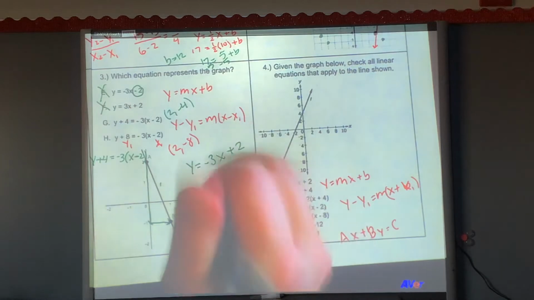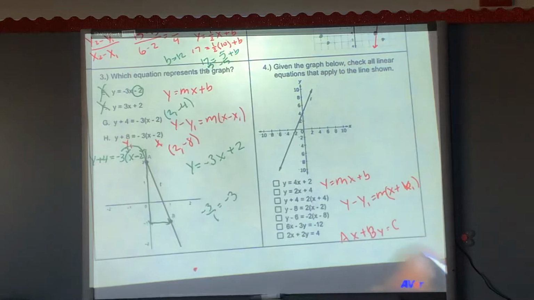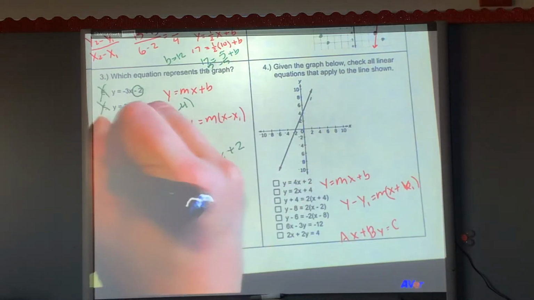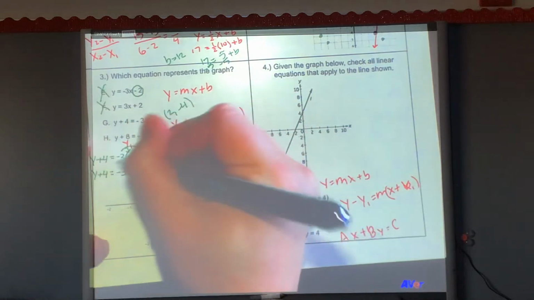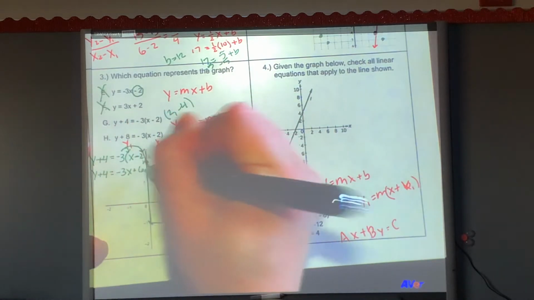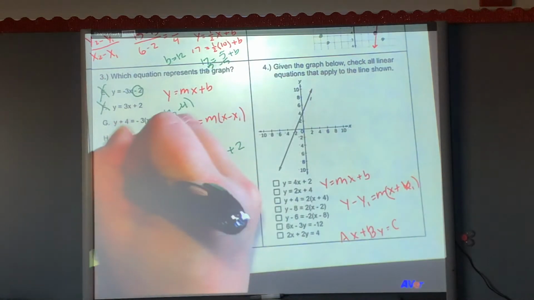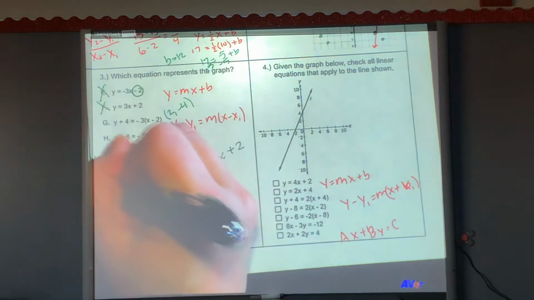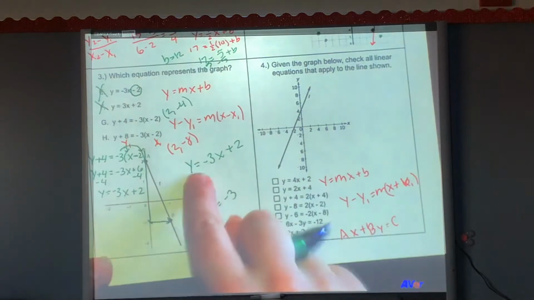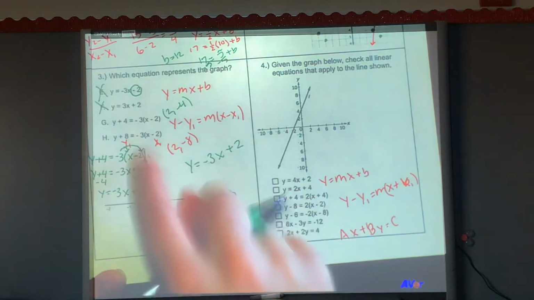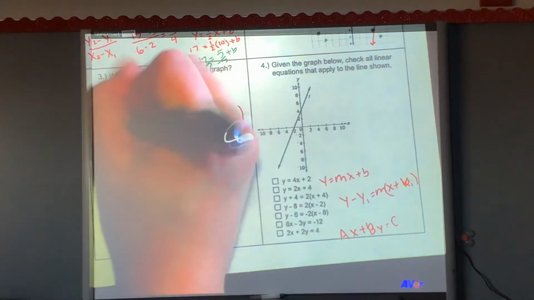I'm going to use my equation solving skills, like the distributive property. I'm going to have y plus 4. 3 times x is -3x. -3 times -2 is +6. And I keep trying to solve things. So let's subtract 4 from both sides. And when I do, I have y equals -3x plus 2. And that totally matches with what I needed because that was written in y equals mx plus b form. So that must mean that G is my answer.